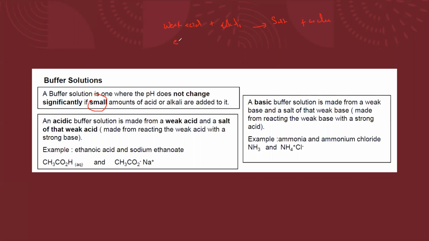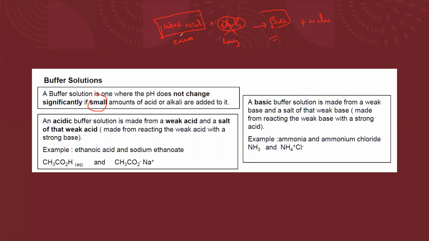The weak acid is in excess, excess meaning more than enough, and the alkali is the limiting reagent. So the alkali will be used up, and what you're left with is the weak acid and its salt. A solution which contains a weak acid and its salt is known as a buffer solution.